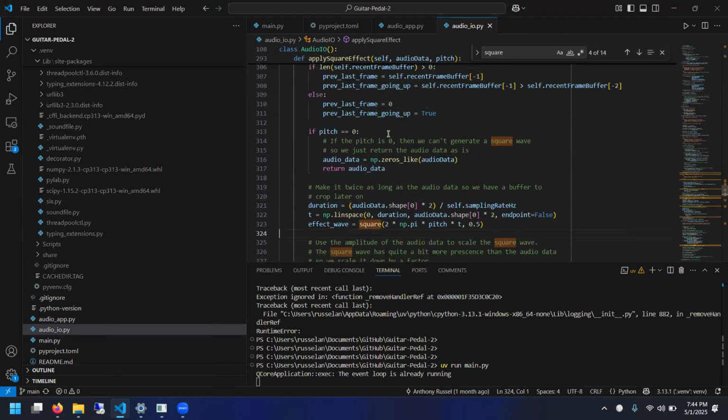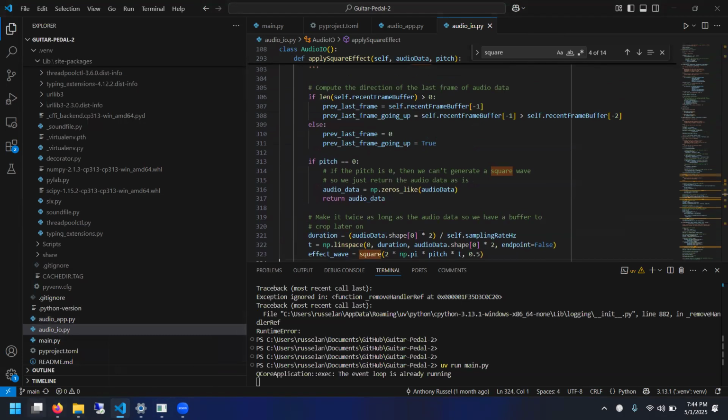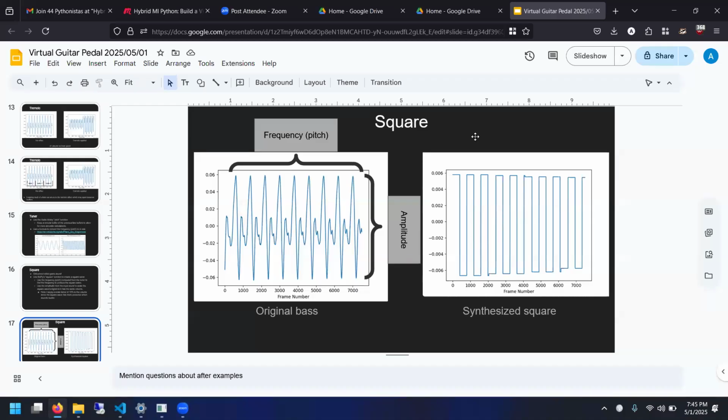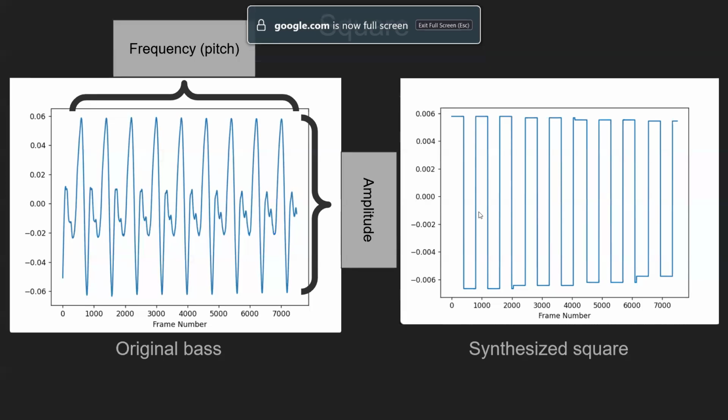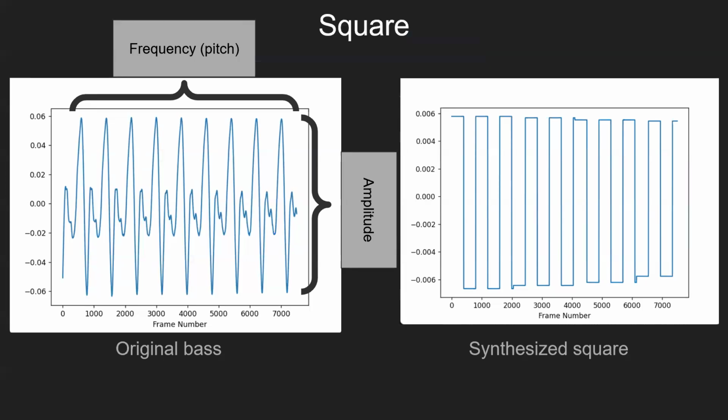But the little trick that I'm dealing with up here is best seen on this slide. When we're creating this square wave, the frequency of the wave might not perfectly line up with where the buffer starts and ends. So we need to know, if we were in the middle of a wave, whether we were at the top, bottom, or where we were in it.